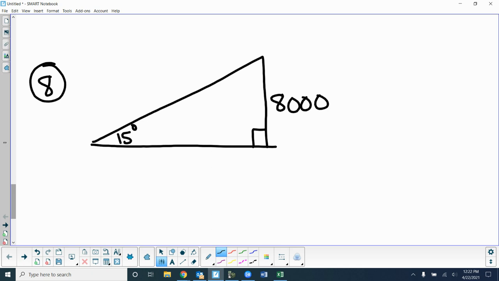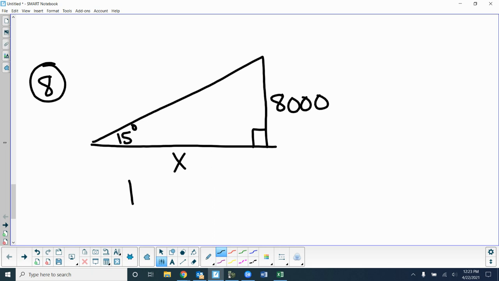Okay, so our plane got up to 8,000 feet, and it asked for the land distance it traveled. So which one's the land distance? The bottom, right? Looking at our picture, we have opposite and adjacent again, so we use tangent again.